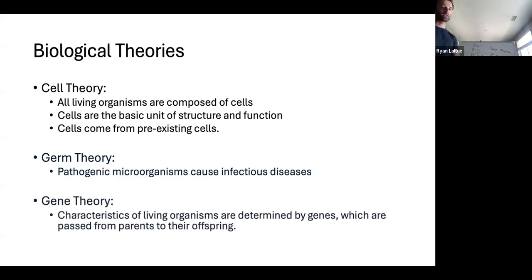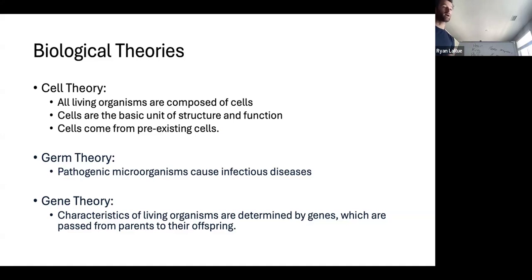And then our last theory here I want to explain is gene theory, which really, when we're talking about mutations, that's gene theory. It is that genes are determining the proteins, technically, or characteristics of living organisms. And then, of course, this genetic material is what's passed on.